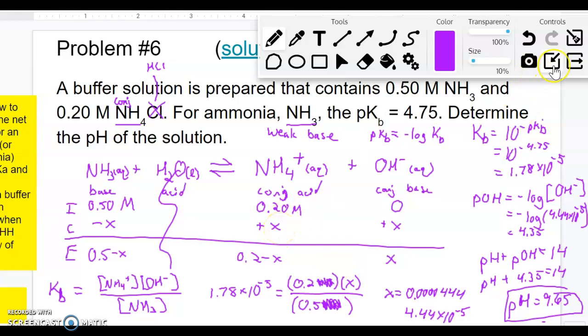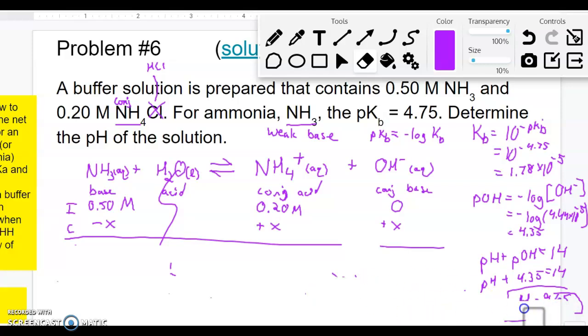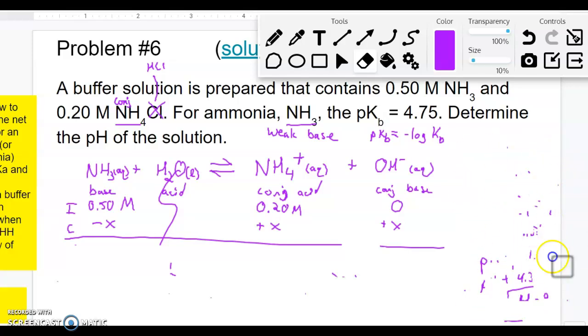So that's one way of doing it. The second way of doing it is an easier way, and I'll show you that. It starts off with this beginning part for the ice table. But there's something about it that means I don't have to do all this other work. If I recognize something that they told us right here at the very beginning, it's going to make my life a lot easier.